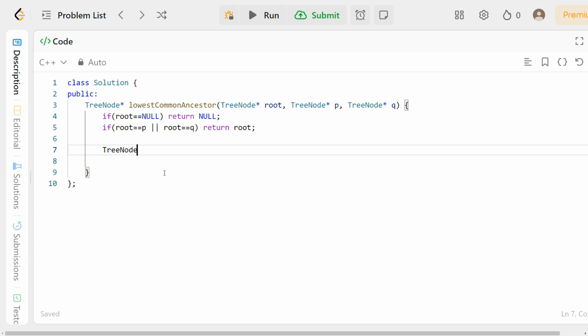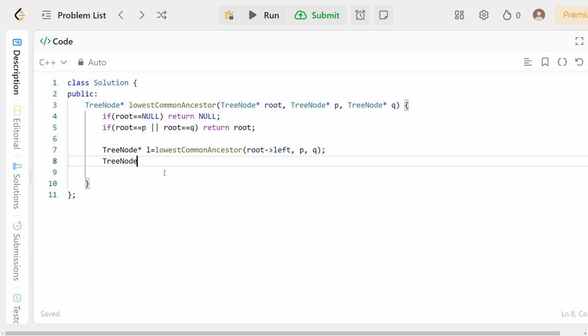So TreeNode star l equals the recursive call of lowestCommonAncestor of root left with p and q, right? And similarly TreeNode star r equals lowestCommonAncestor of root right with p and q, right?